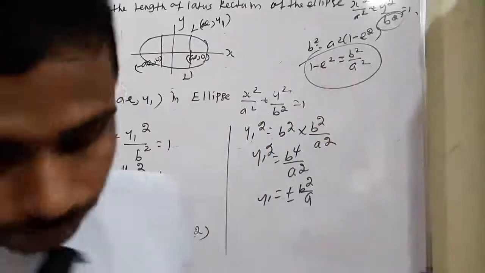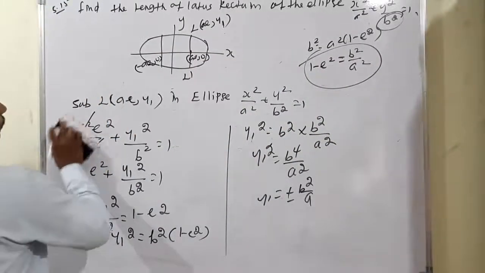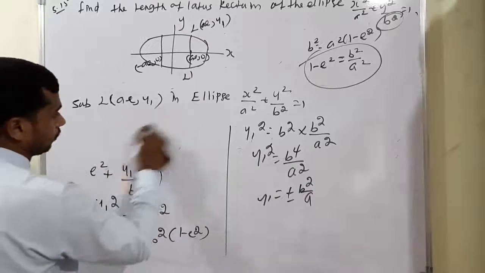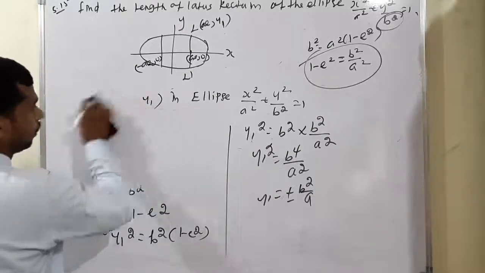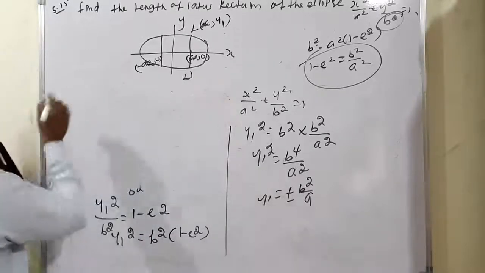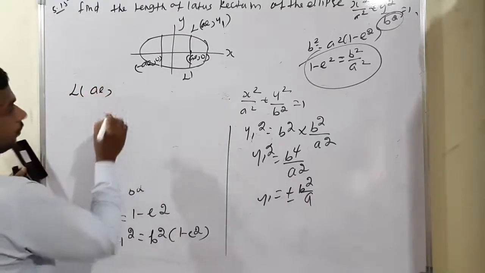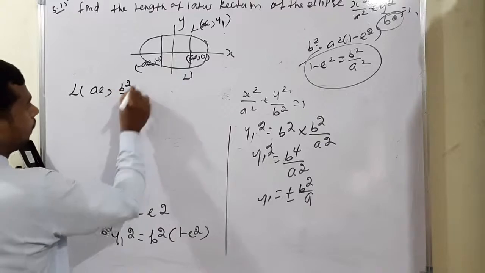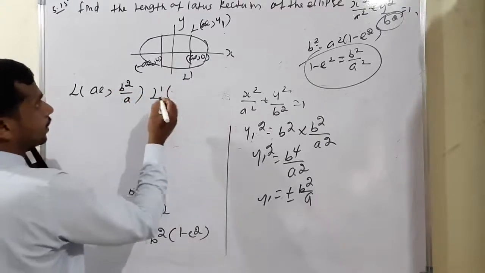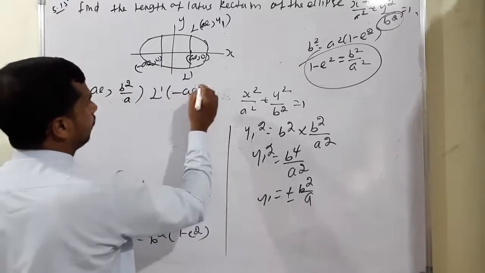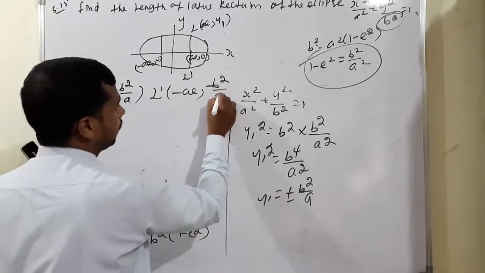So L is ae comma positive b square by a, then L dash is negative ae comma negative b square by a.